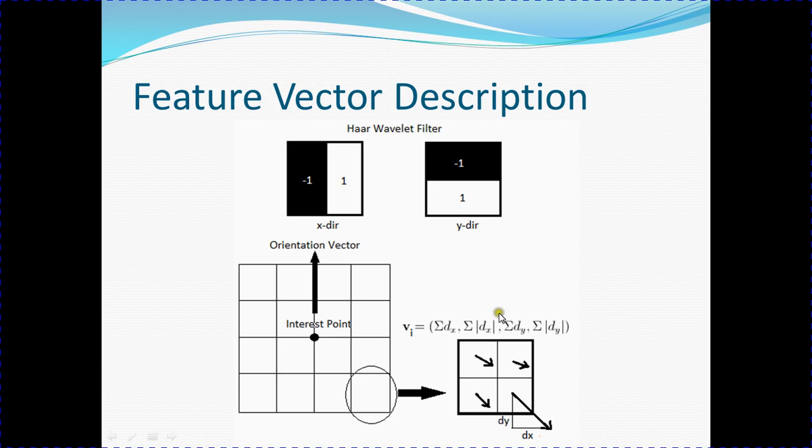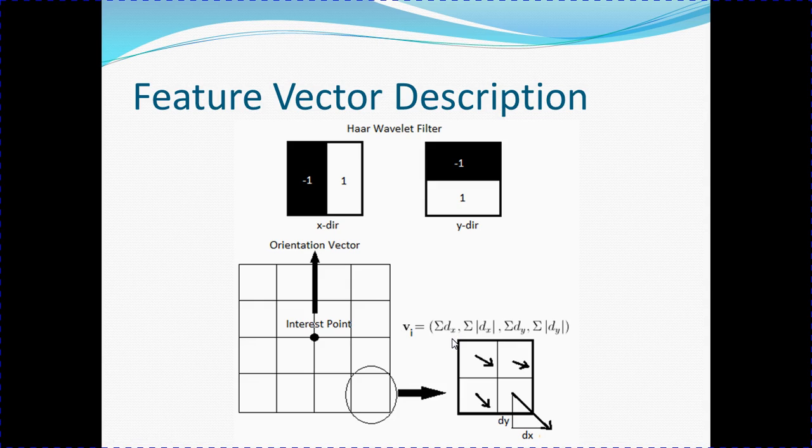And so for each of these 4x4 square sub-areas, a 4-dimensional feature vector is formed. Since there are a total of 16 sub-areas, the result is a 64-dimensional feature vector for each interest point. And so this is the form of each of the entries into the feature vector.